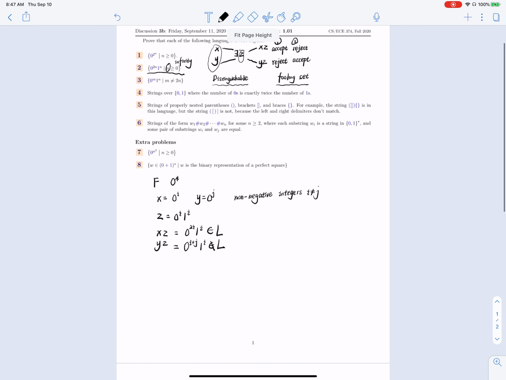So in this case, we found that this F is a fooling set.